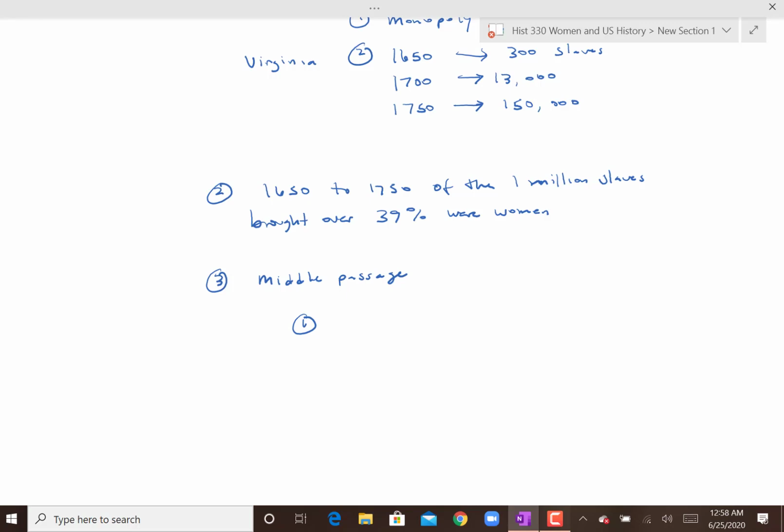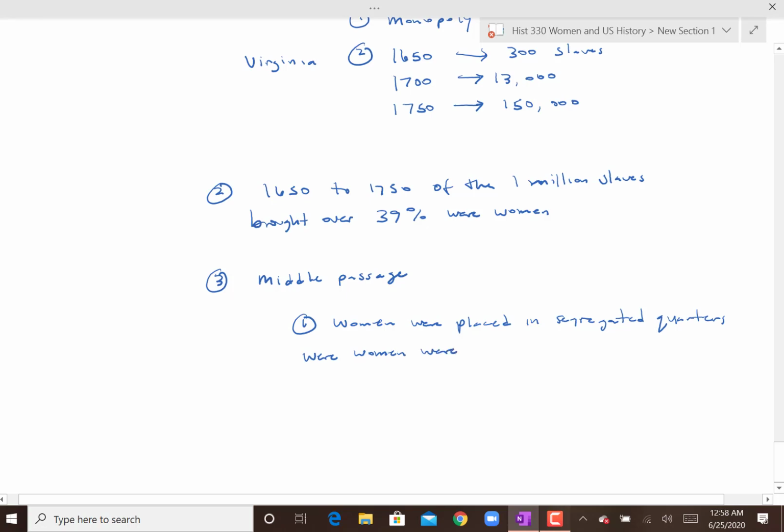Within the slave ship in the Middle Passage, women were placed in segregated quarters. So they were separated most of the time. Smaller slave ships sometimes didn't do this because they didn't have enough space. But on the larger slave ships, they would have them in segregated quarters where women were stripped naked.